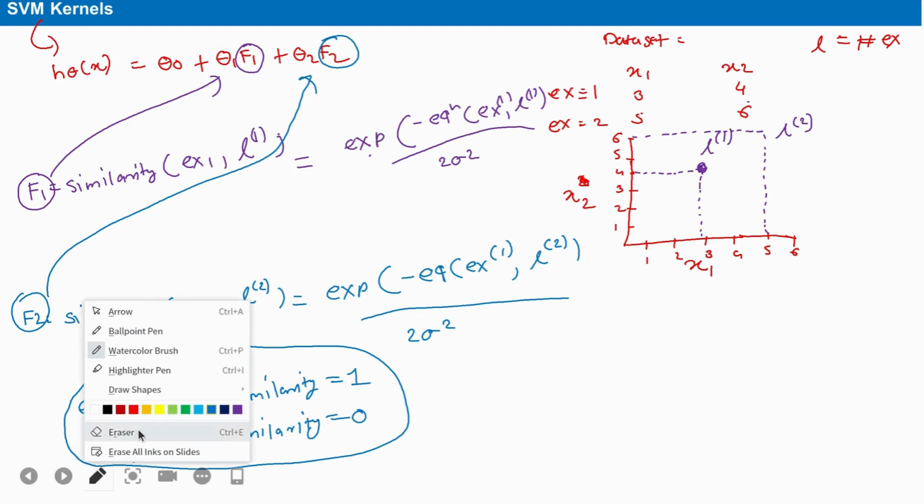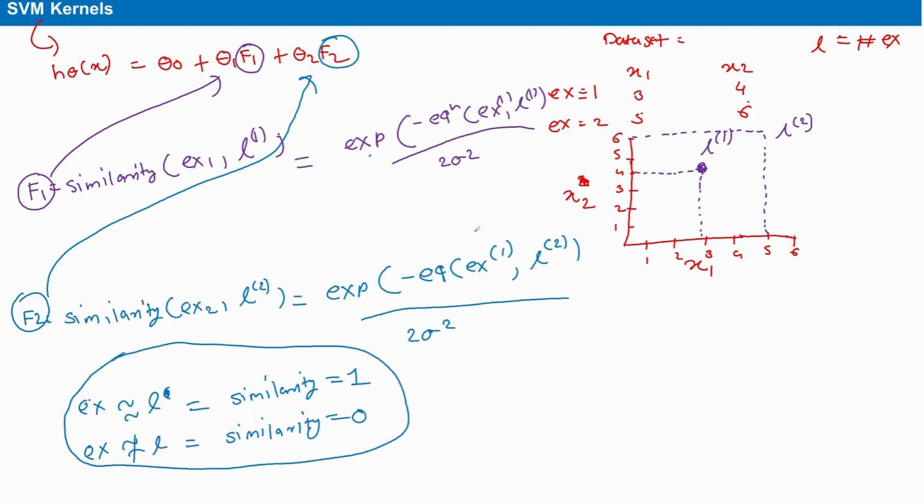If I show you, in the 3D space, this axis is the f1 feature space, which is always either 0 or 1.